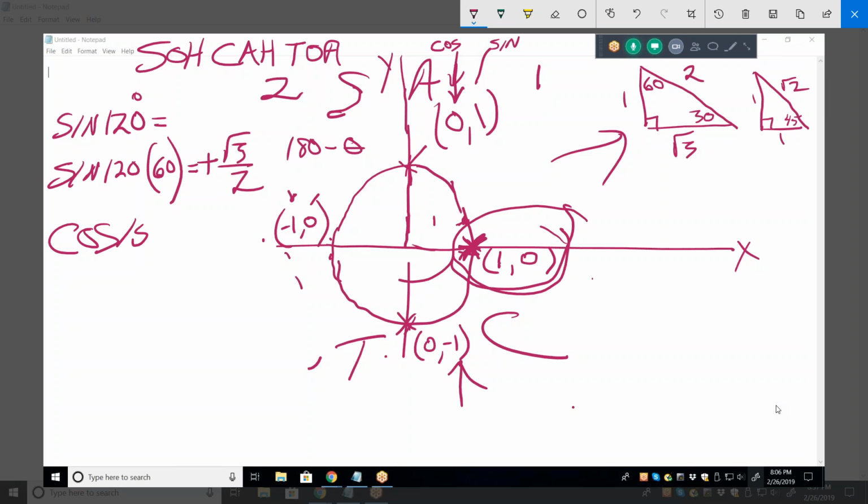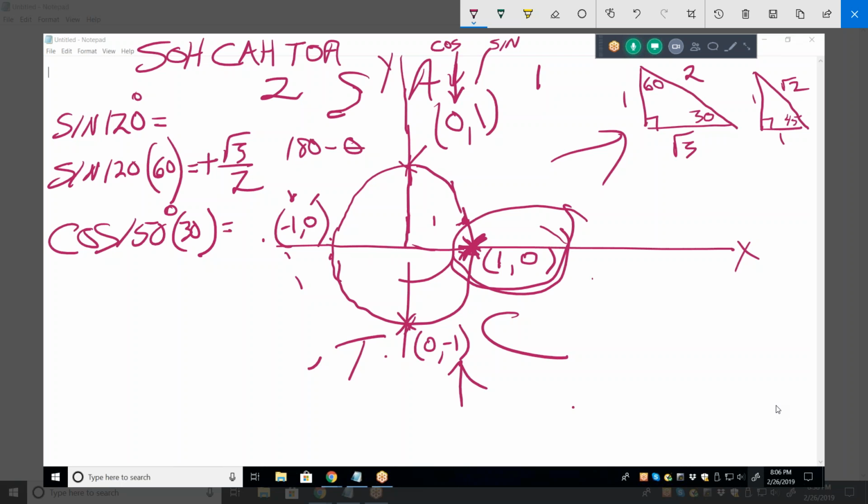Cosine of 150 degrees. Now, the way I tend to write these is I write them like this, and then in parentheses, I put what the equivalent first quadrant angle is. What's that one going to be? 30 degrees. Okay. Now, what's the cosine of 30 based on that triangle?